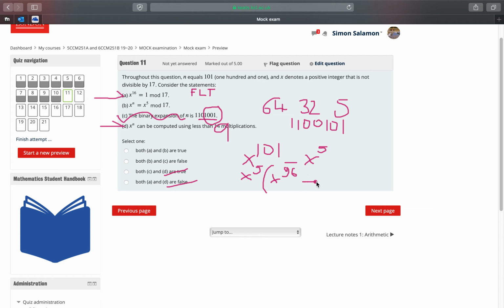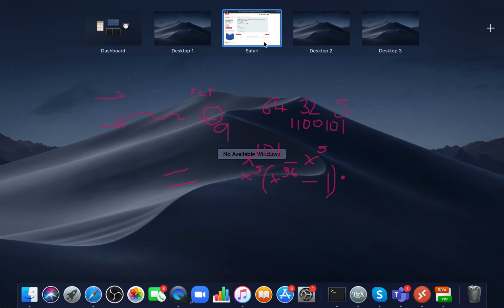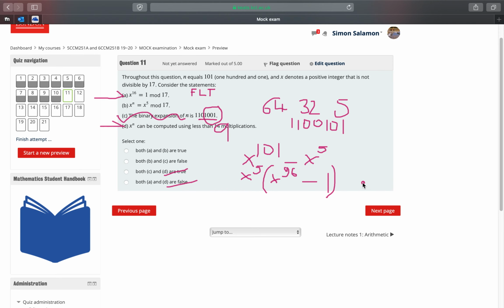And the point is that 96 is 6 times 16. So x to the 96 is x to the 16, to the power 6, which is just 1 mod 17. So this is indeed equal to 0 mod 17.